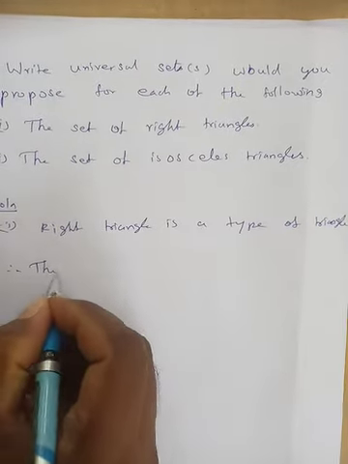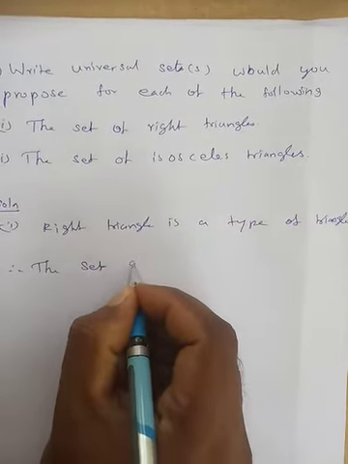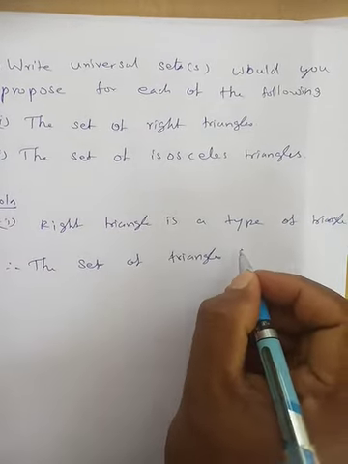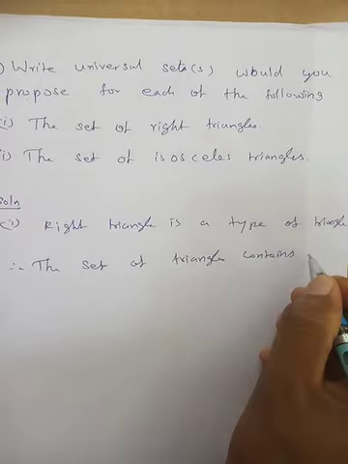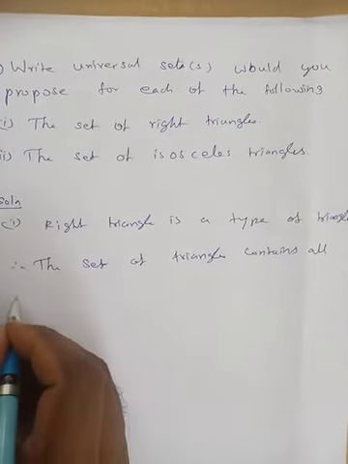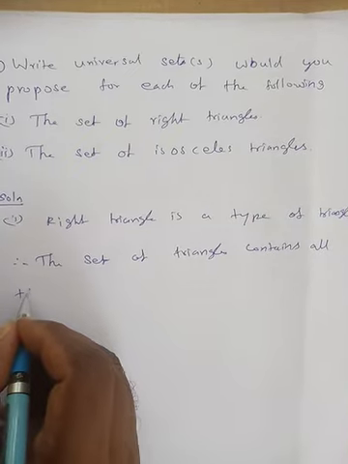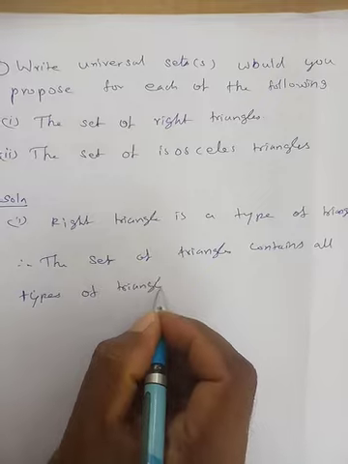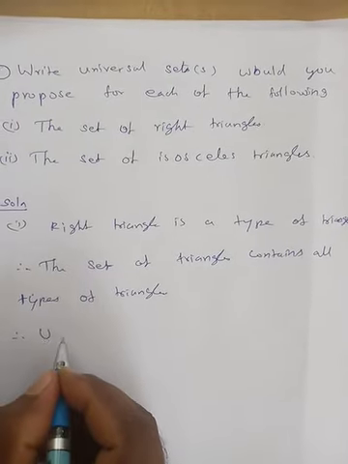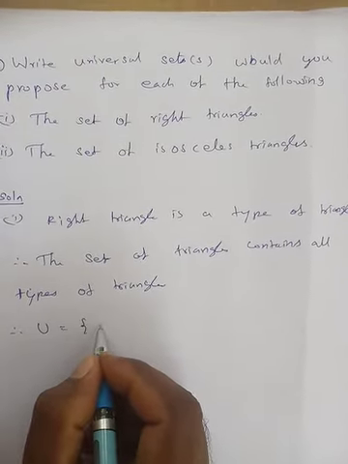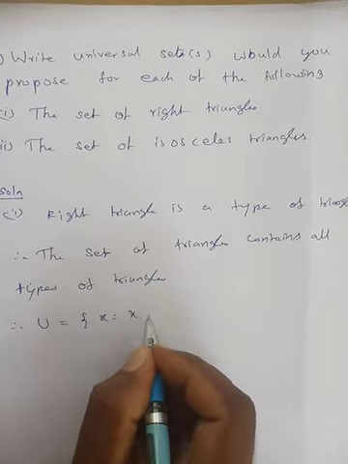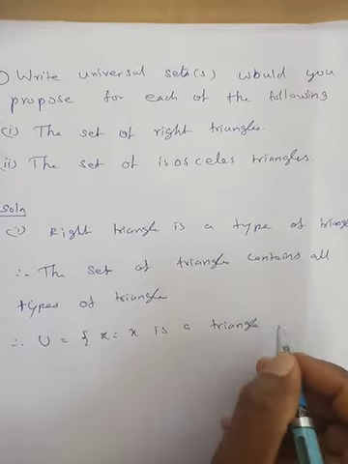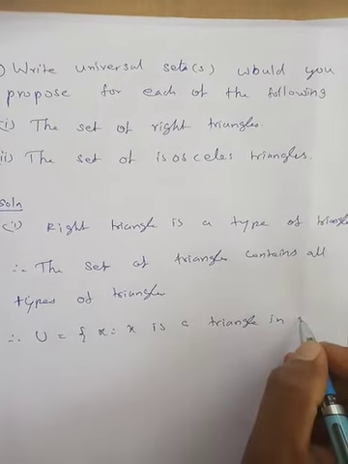Therefore, the set of triangles contains all types of triangles. Therefore, the universal set of the given set is the set of x such that x is a triangle in a plane.